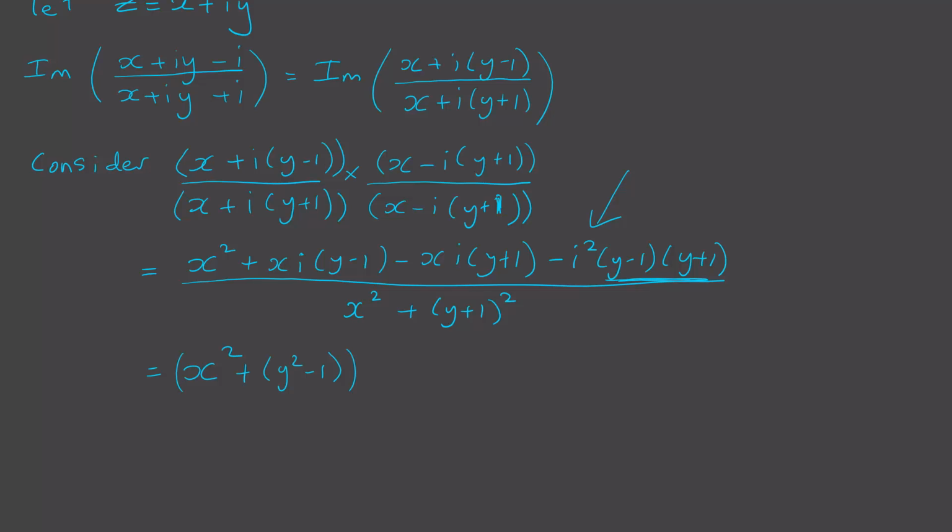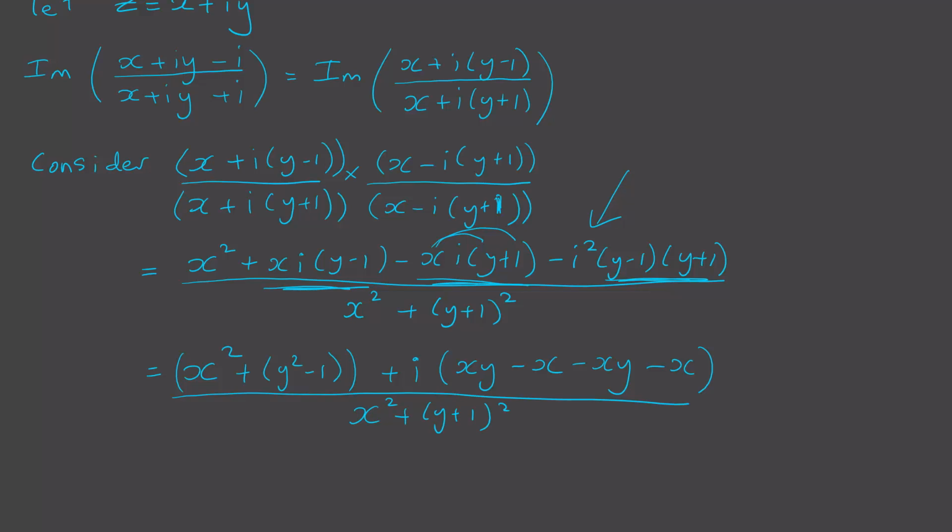And then we're going to have plus i times, looking at this term here, xy minus x, and then looking at this term, minus xy minus x. And that's all over x squared plus (y plus 1) squared.